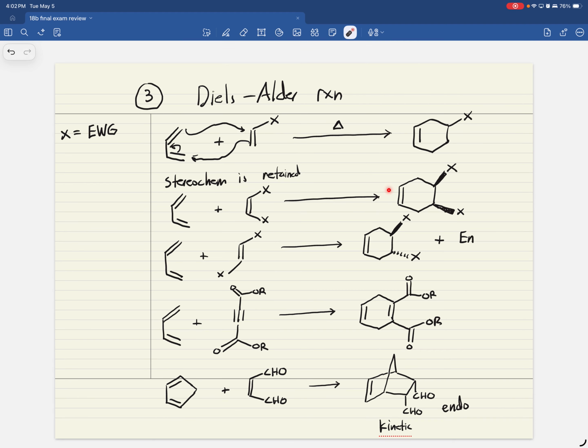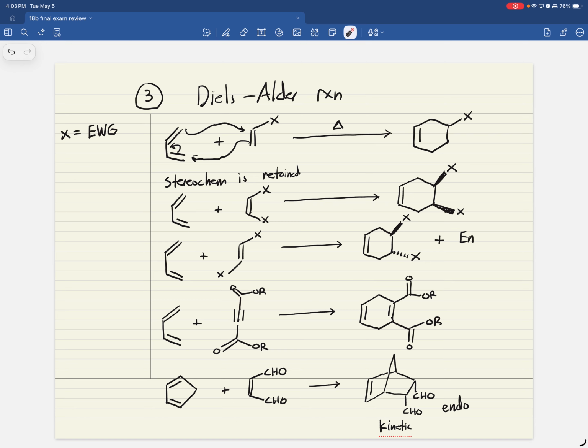Well, remember, the endo product is usually the one where the X groups are pointed downwards and away. If I recall from what we talked about, it's usually the enantiomer, or the series of enantiomers, where the X groups are pointing down and underneath the alkene.